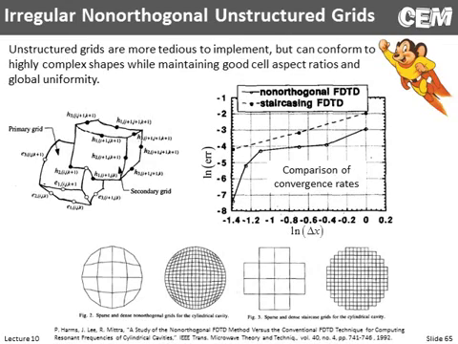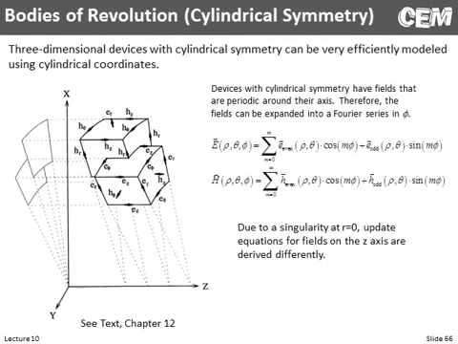And of course, I think the best overall, but certainly the most work and the most trouble, is an irregular, non-orthogonal, unstructured grid. And this has the benefits of everything. There's also certain cases where your devices have some kind of cylindrical symmetry, and in fact there's a Yee cell in cylindrical coordinates that makes this type of analysis very efficient.